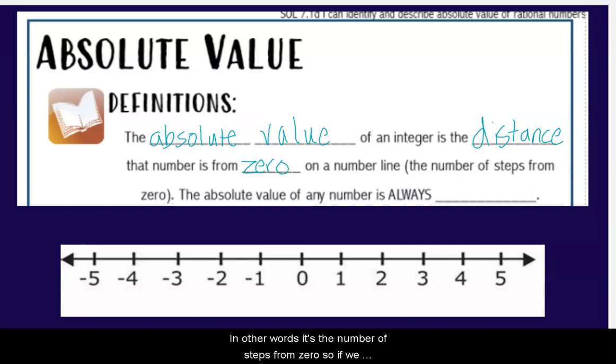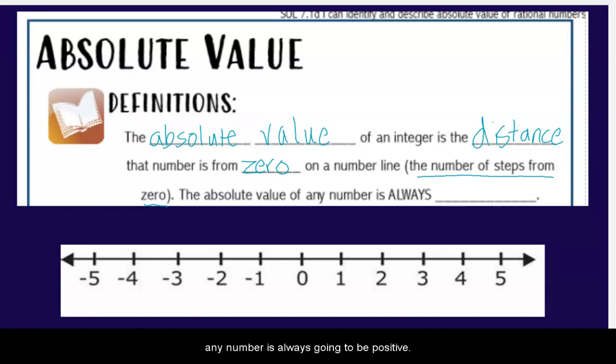In other words, it's the number of steps from 0. So if we think about the distance between each number as being steps. And what's really important here is the absolute value of any number is always going to be positive. It's always positive.